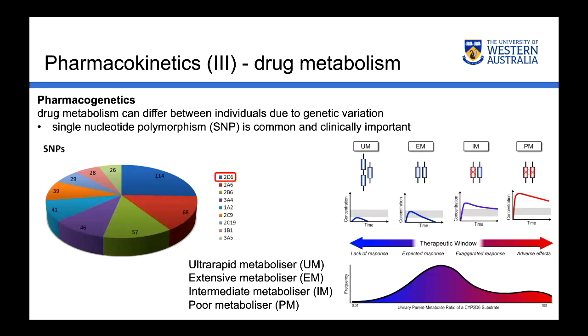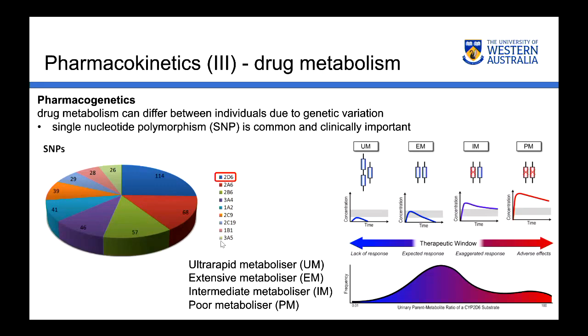That's because single nucleotide polymorphism will determine the expression level of a particular enzyme, and therefore the activity of that enzyme. So you find that drug metabolism varies between individuals because of their genetic makeup.